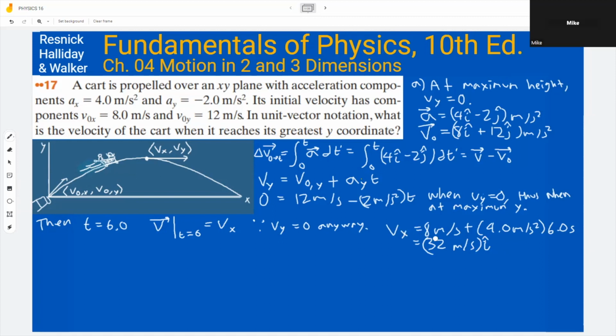That's a component, so walang i hat yan. Ngayon, yung velocity, which means the vector, so in unit vector notation, v is equal to ... multiplied by i hat.